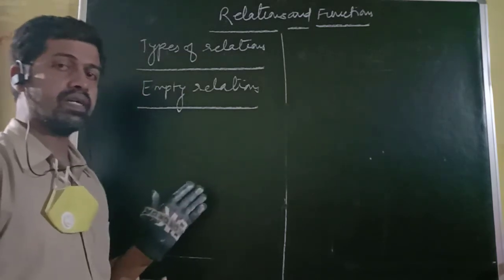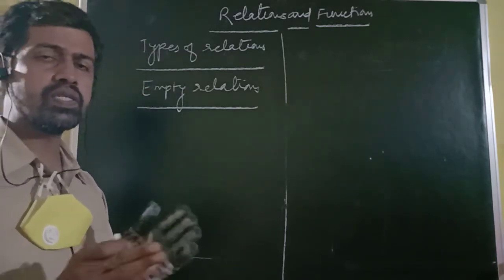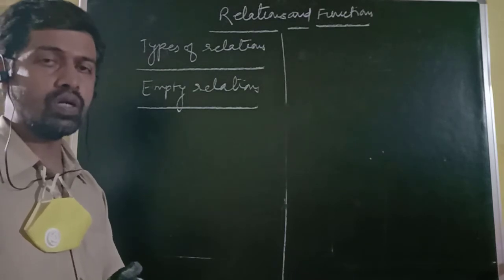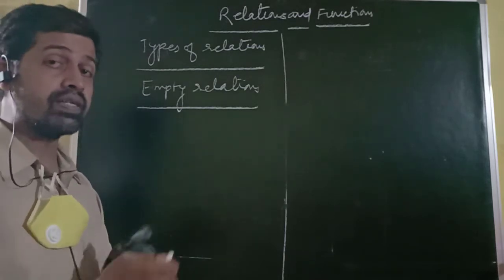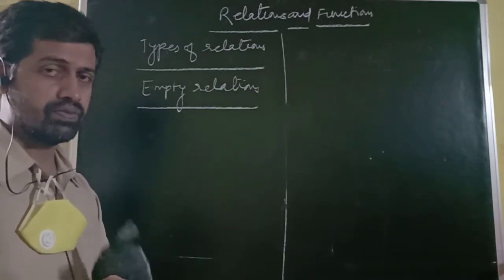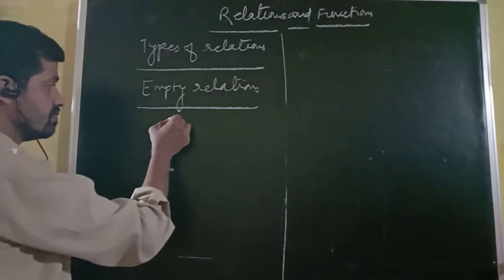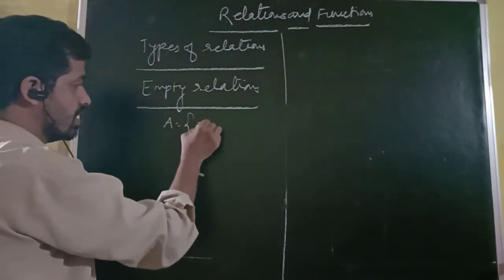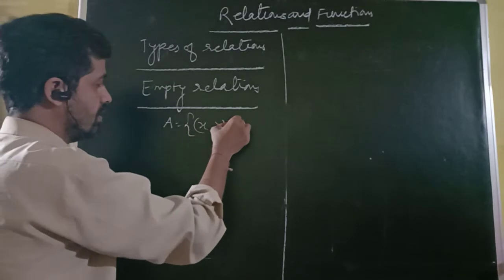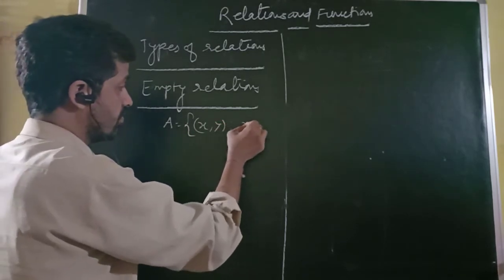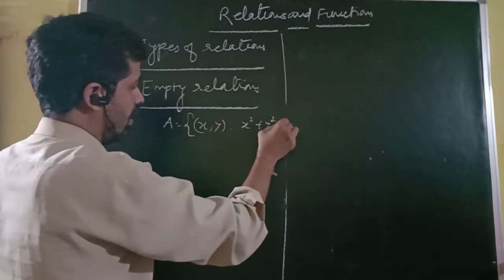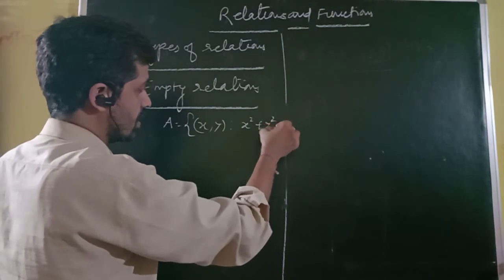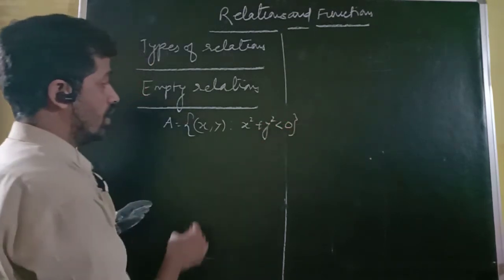As the name suggests, empty relation means it does not contain any ordered pair which satisfies a condition. For example, I take a set of (x, y), and the condition we apply is that x squared plus y squared is less than 0.